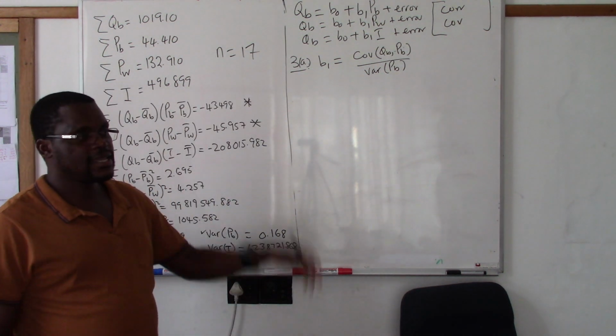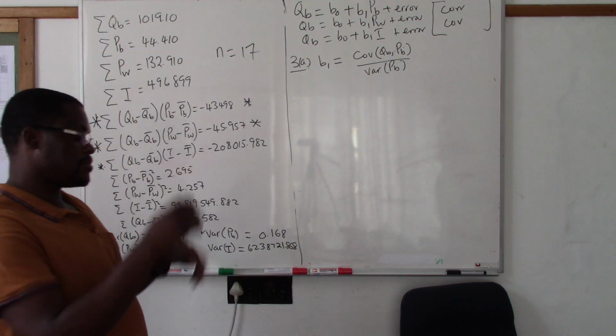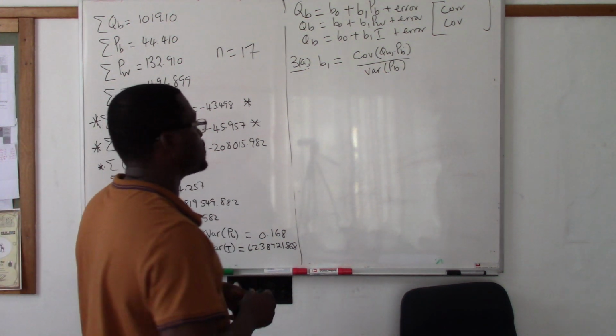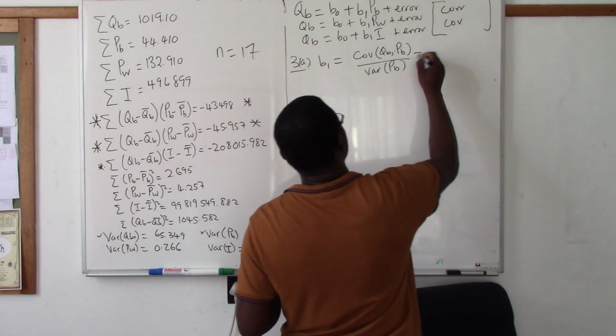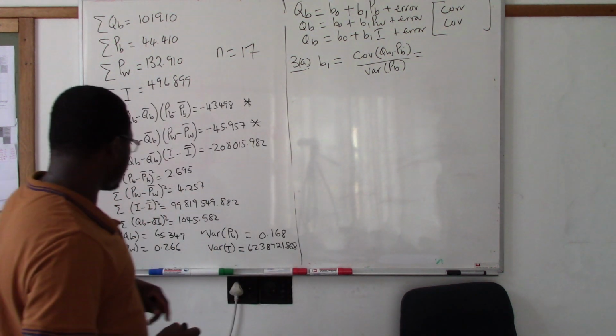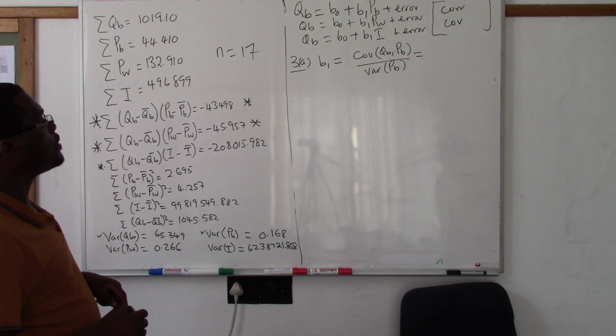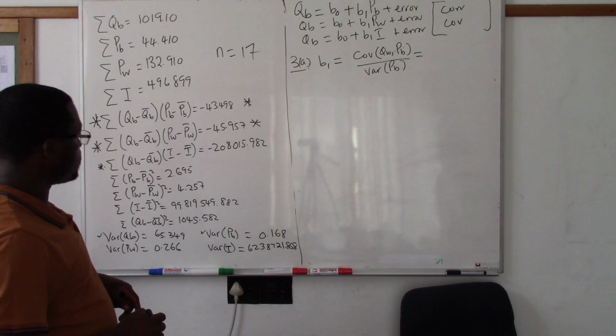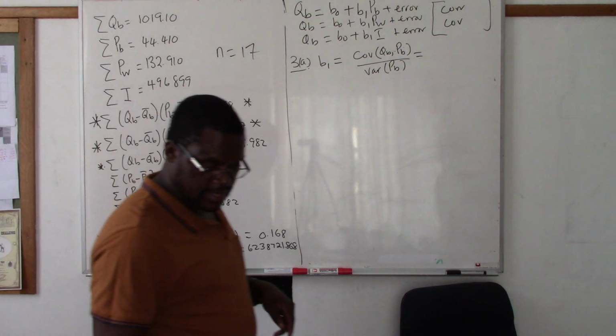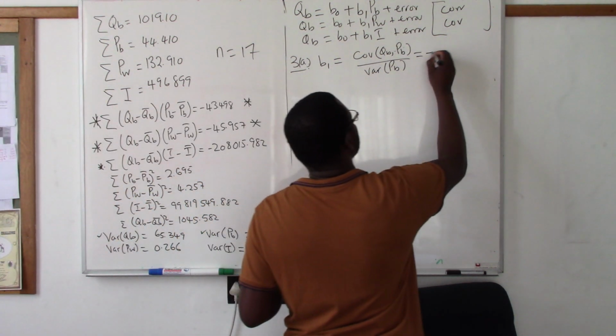That's what essentially it is, after all the manipulations we carried out. The covariance of PB and QB we calculated earlier, it was minus 2.72.